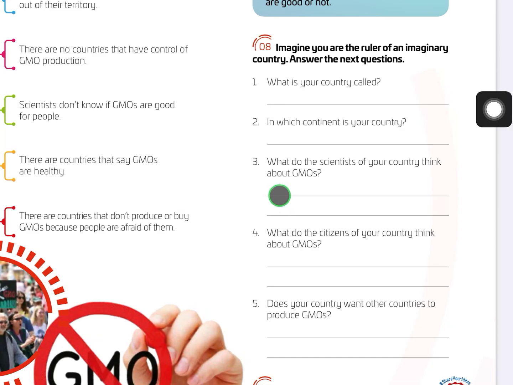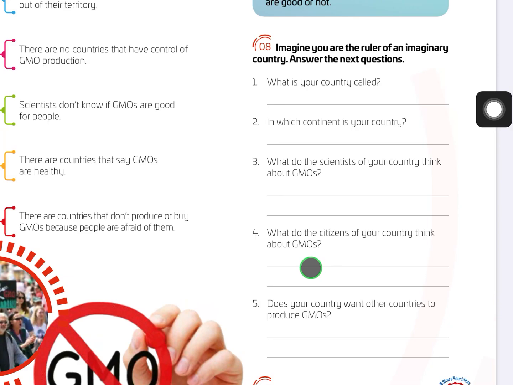Then number 3, what do the scientists of your country think about GMOs? Do you think that in your imaginary country, different GMOs could be created or produced? What do you think about it? And number 4, what do the citizens of your country think about GMOs? About the people, I mean, in your country live people.